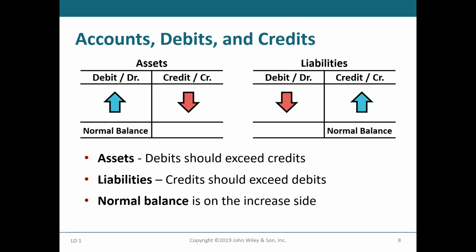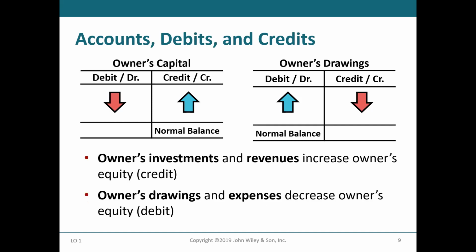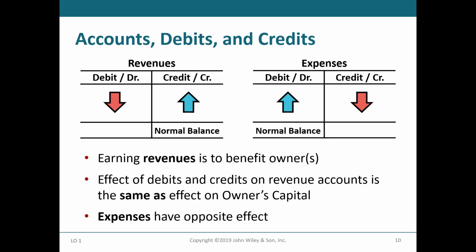For liabilities and owner's equity, you remember they are on the right side of the accounting equation, so when they increase, we credit. So the normal balance would be on the credit side for liabilities and owner's equity or owner's capital. For drawings, remember when drawings increase, owner's equity decreases, so we debit. So the normal balance of drawings would be on the debit side. Similarly, the normal balance of revenues would be on the credit side, and the normal balance of expenses would be on the debit side.